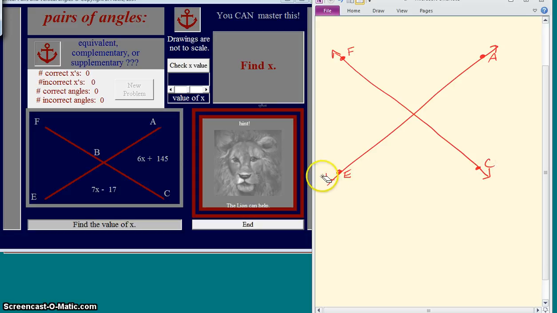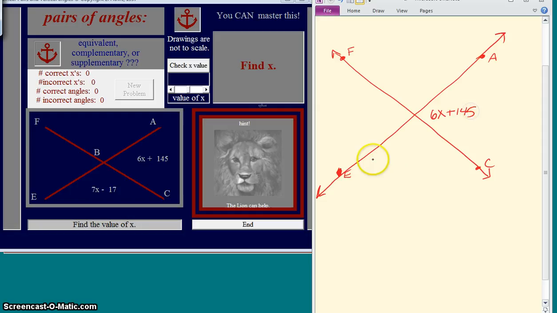And that's going to bug me that my endpoint is off. Please add the labels that are given in the exercise. And then I would like you to identify the relationship. Hopefully you'll see that these are a linear pair.